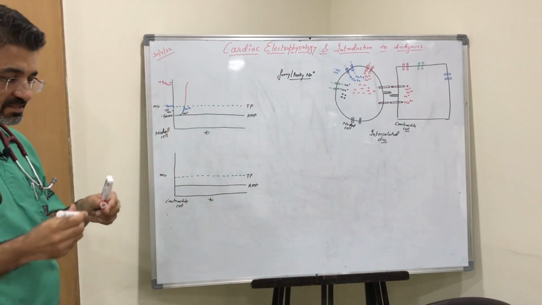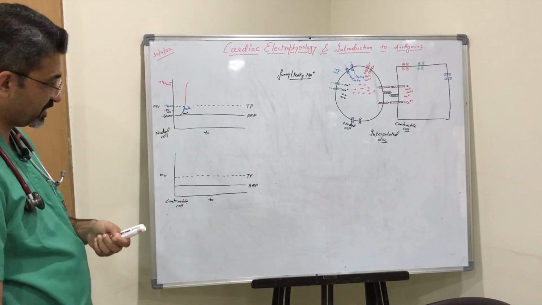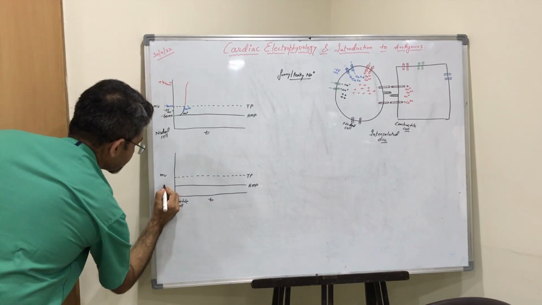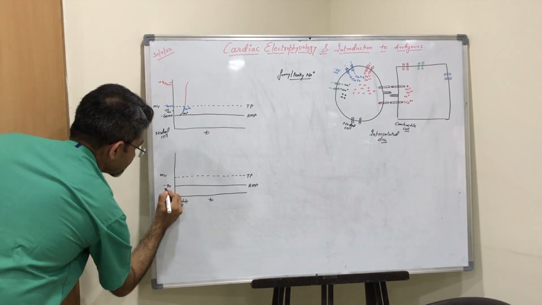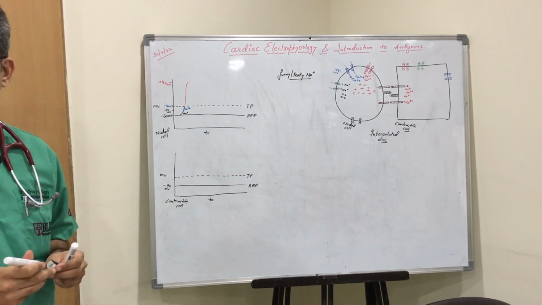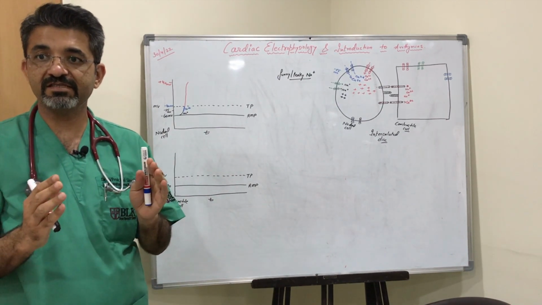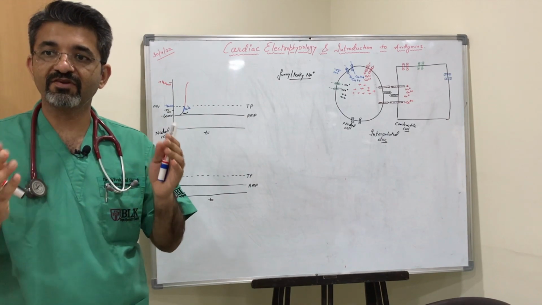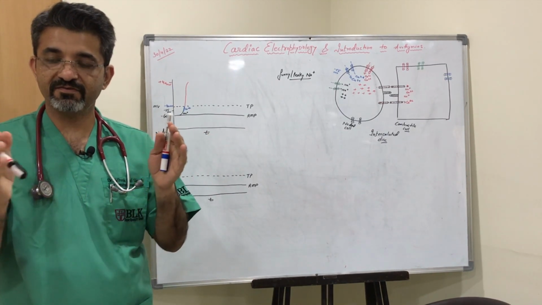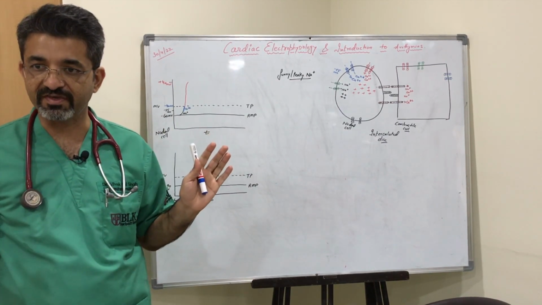The contractile cell's resting membrane potential is minus 90. This is fixed. It's not varying. The contractile cell will contract and then relax, so its action potential is fixed.